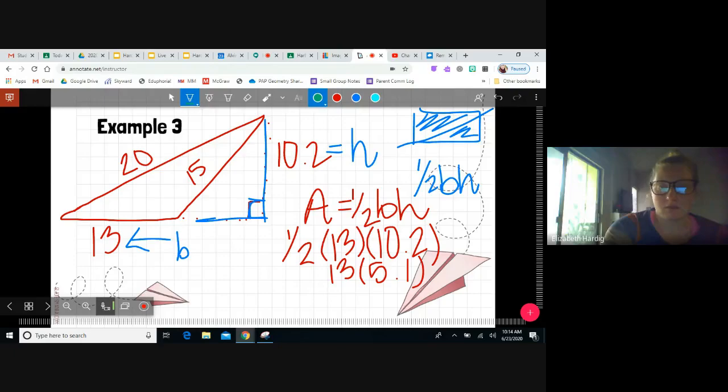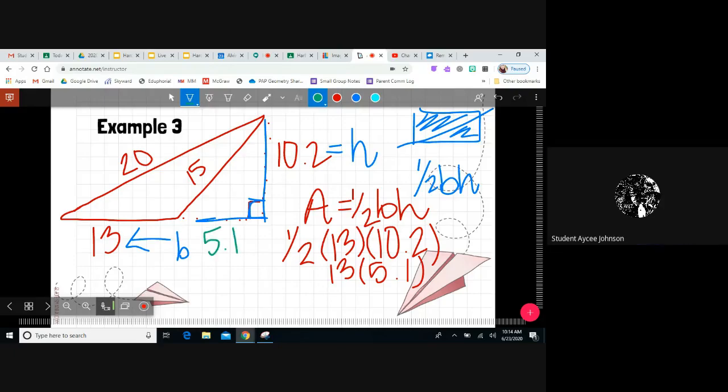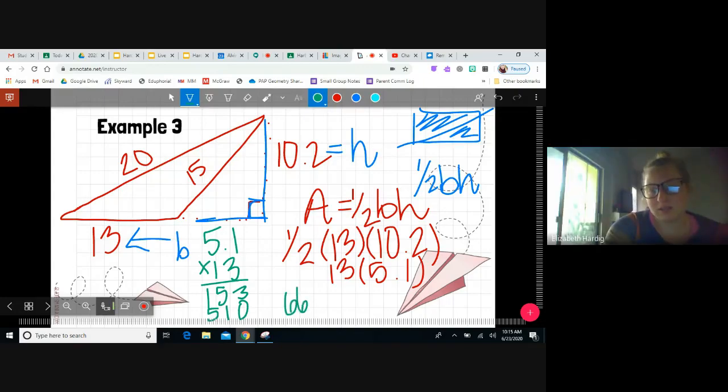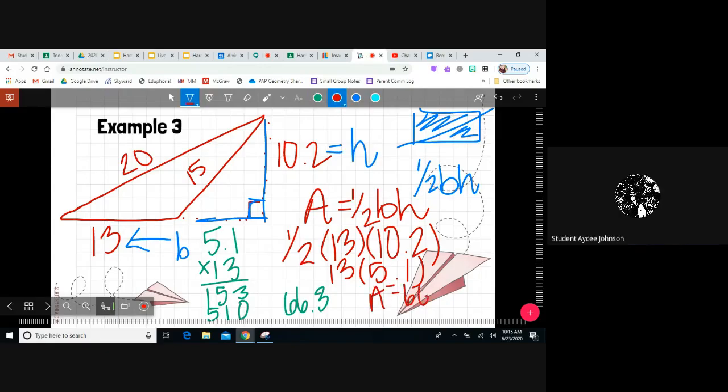I'm going to show my work. So we get 66.3. So our area would be 66.3 units squared.